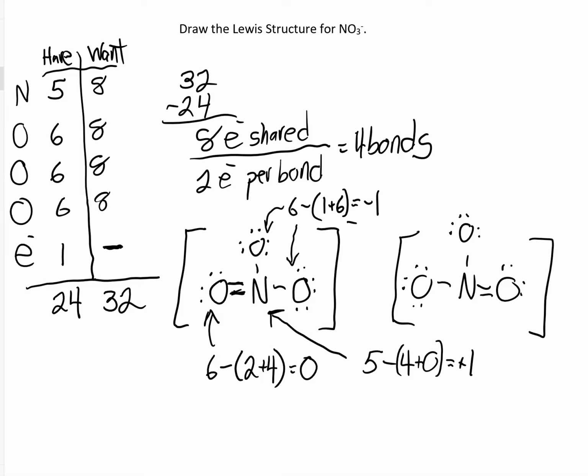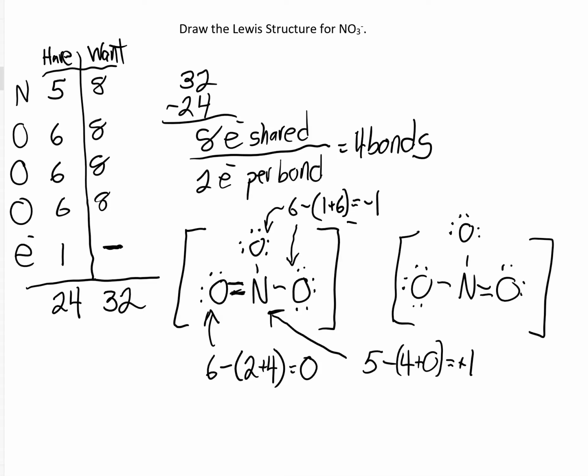And what we see is we essentially have an identical structure to the first one. Rather than the double bond being on the left oxygen, now it's on the right. Still going to have the same problem of formal charge. In fact, they're both identical. 2 oxygens with -1, the central nitrogen with the +1, so things really haven't gotten any better.